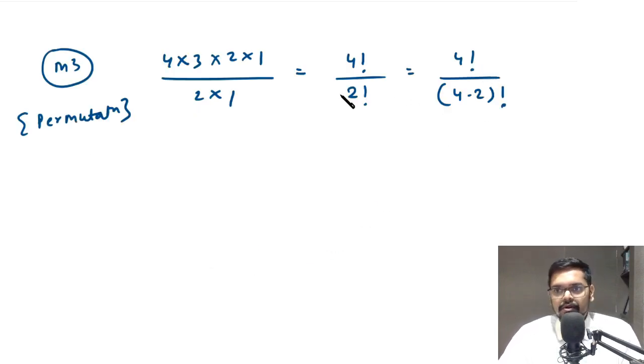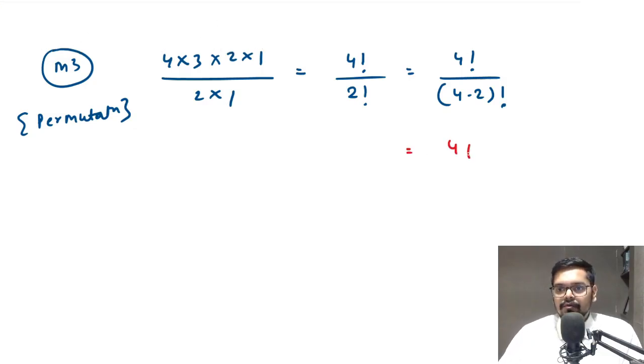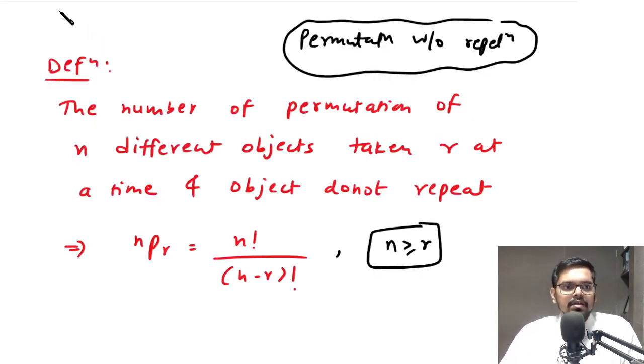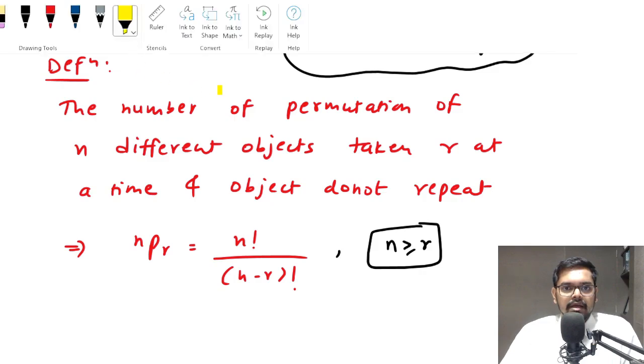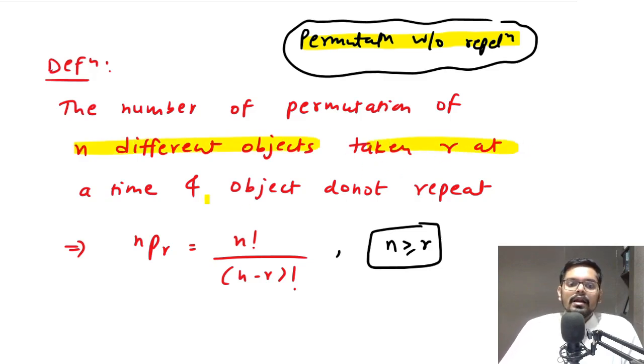Understood? This is what your 4P2 looks like. So this is the definition. Let me repeat the definition of permutation. I again repeat, this definition is not for all the cases. It is only for that case where you are doing arrangements without repetition. Then the number of permutations of n different objects taken r at a time would be nPr = n factorial by n minus r factorial.